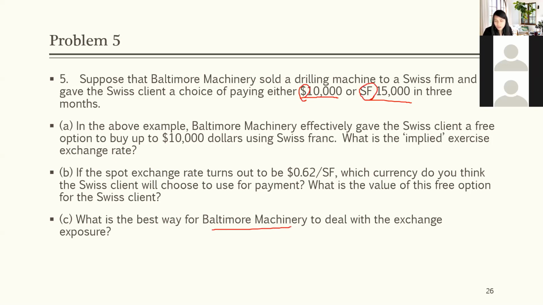So their exposure comes from this second option, okay? So once you identify your exposure, then you want to choose a contingent derivatives contract that allows you to hedge the exchange rate, okay? So think about it a little bit. It's a little bit different from the previous questions that we have done before. So I just wanted to talk about it.